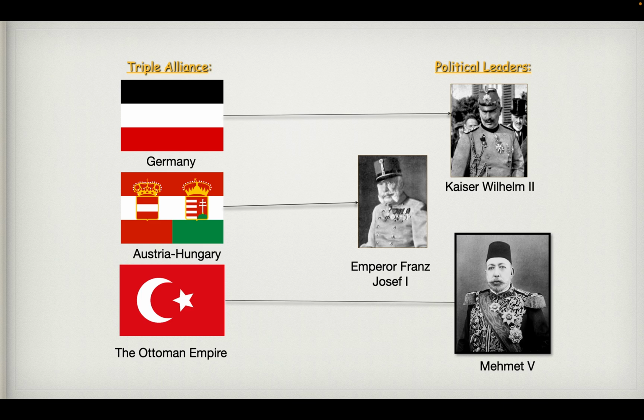So this is going to make up the alliance, and during the war, they end up being called the Central Powers. Because you get Austria-Hungary and Germany there in Central Europe, and if you go through Central Europe south, eventually you'll run into the Middle East and the Ottoman Empire. And Germany had also forged ties.